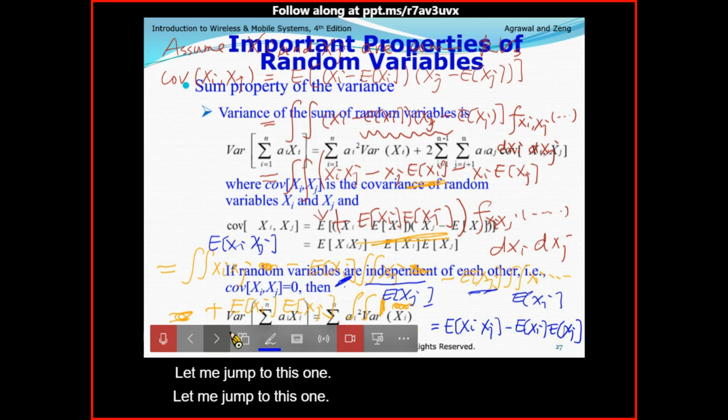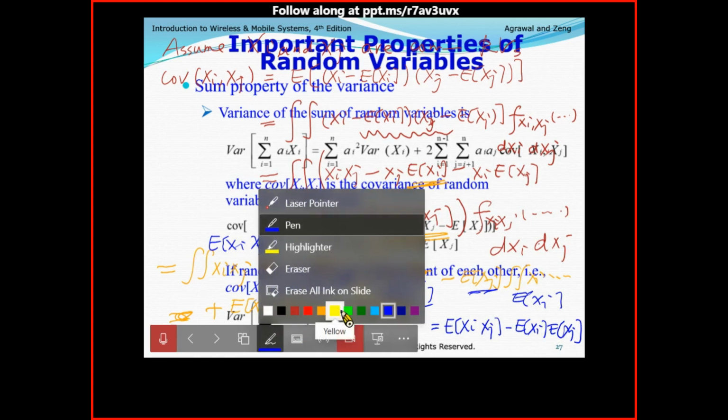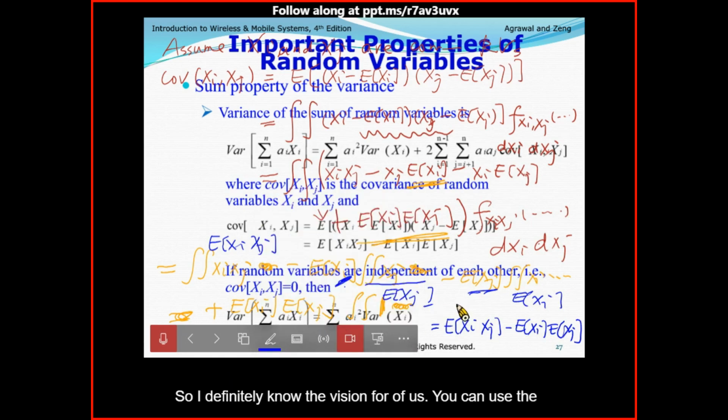So that we have covariance here. And likewise, we will have the result. I rewrite the results for variance. Well, I still use the blue color.